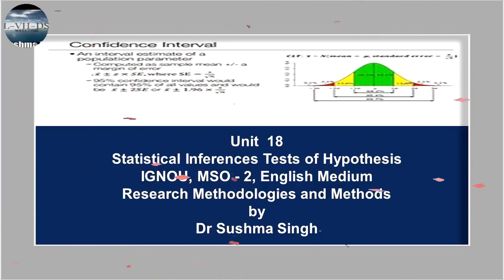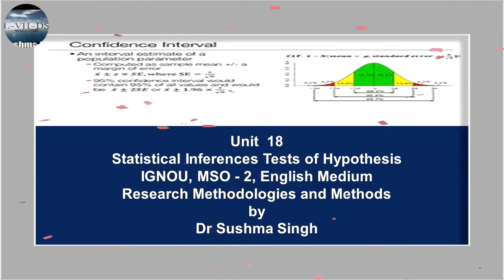Student's test is applied in different conditions, such as to test the significance of the mean of a random sample, to test the difference between the means of the two independent samples, to test the difference between the means of the two dependent samples, to test the significance of the correlation coefficient.